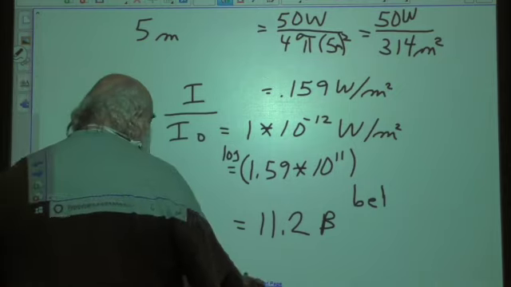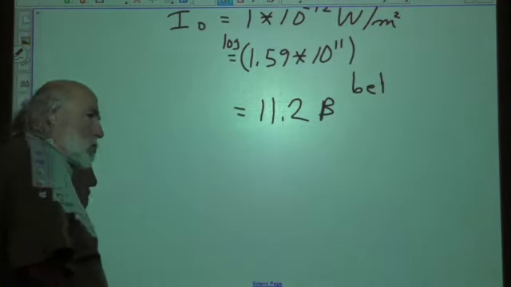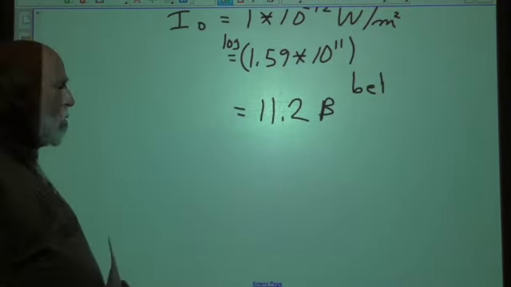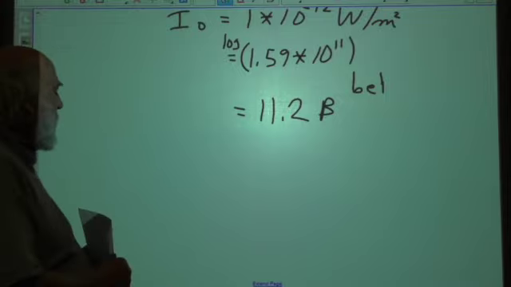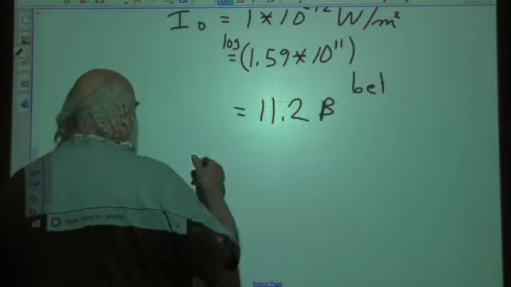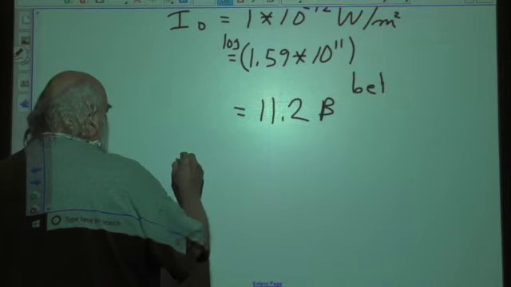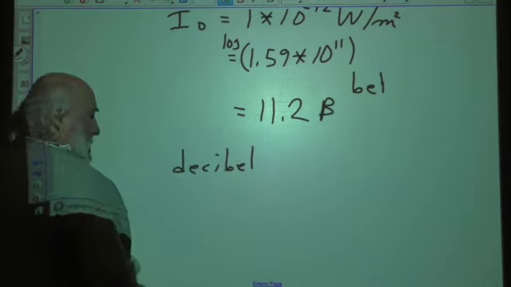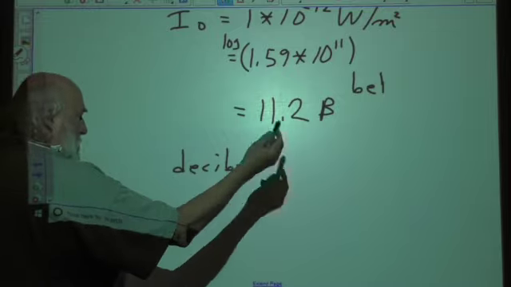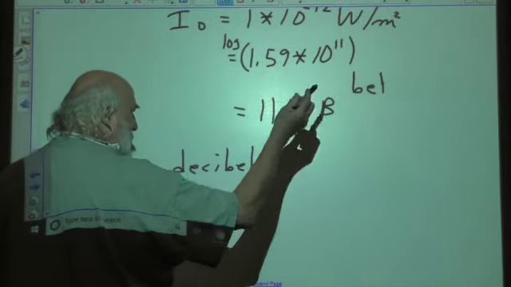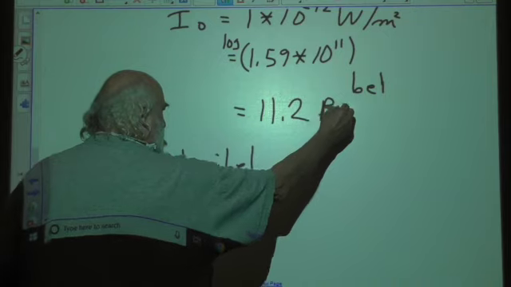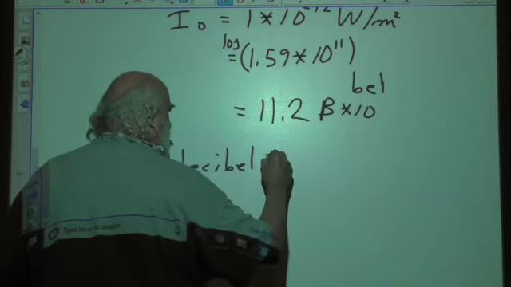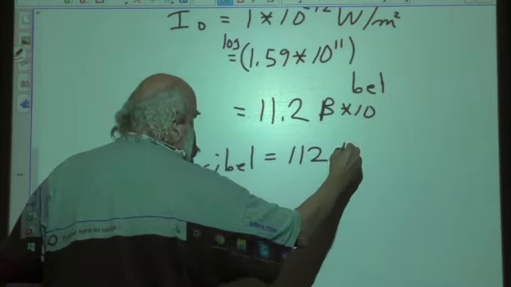It turned out that was not as good a reception as they hoped. So they chopped this up into 10 bits, and they called this a decibel. Decibel means 1/10 of a bell. So we just multiply this by 10, and we get 112 decibels.